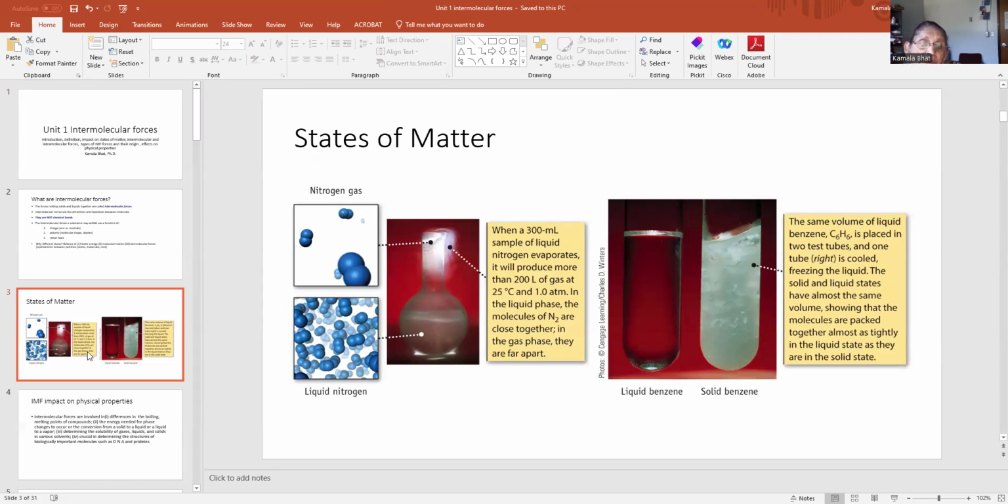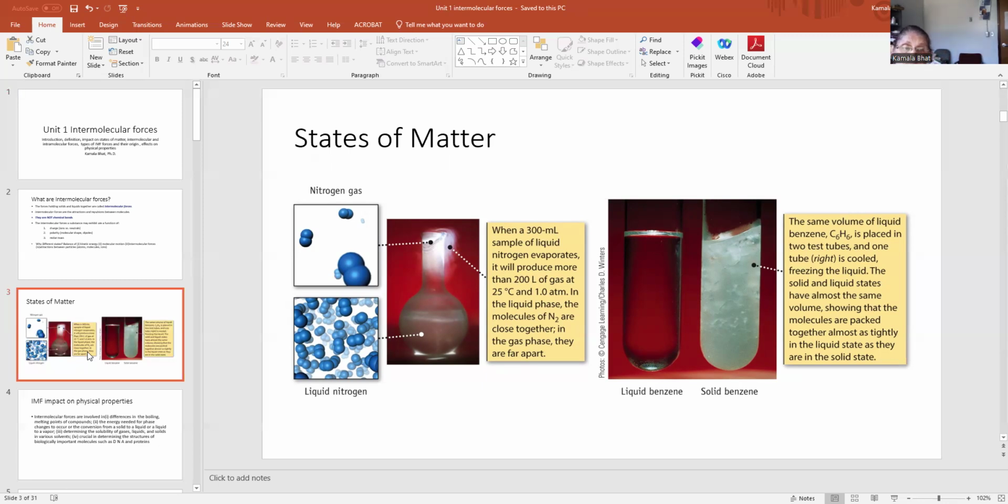Now, if we look at the states of matter, we know that there is gaseous nitrogen and liquid nitrogen. Nitrogen is a gas and it liquefies. We know that because we can get cylinders of nitrogen.